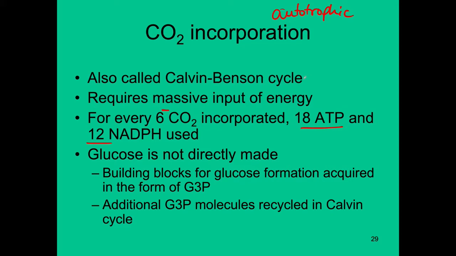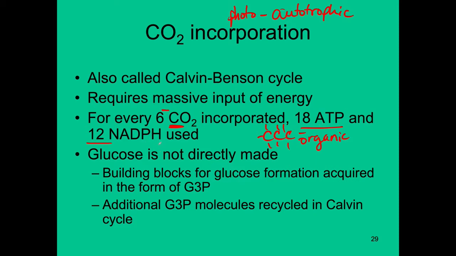They're using light energy, so they are called photoautotrophic. They're using light energy to incorporate inorganic carbon. CO2 is a form of inorganic carbon, and converting it into organic carbon. But again, that process requires a lot of energy. So 18 ATP and 12 NADPH.